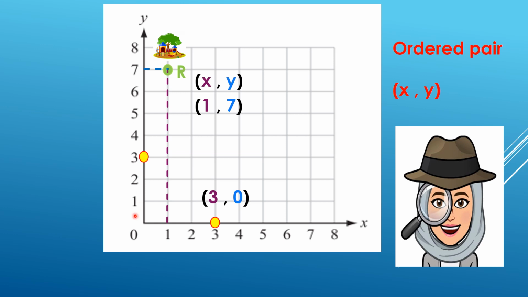So how can I read it? Perfect. It's 0, 3, because on the x-axis it's just down. I start with x. Now I have to move up, and now it's touching the 3, so 0, 3. As we notice here, there are two different points, two different locations.